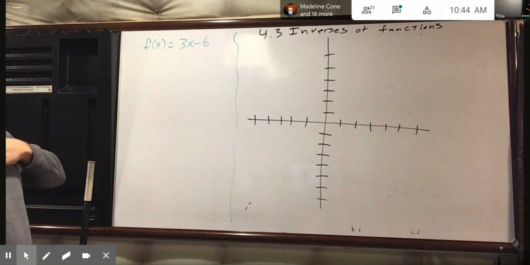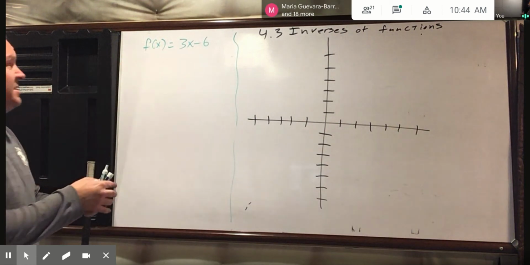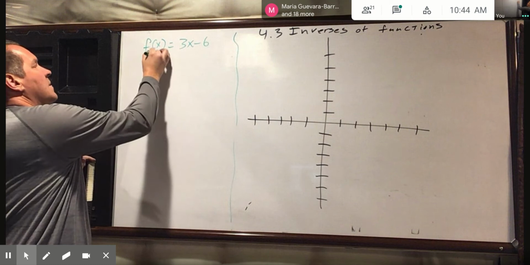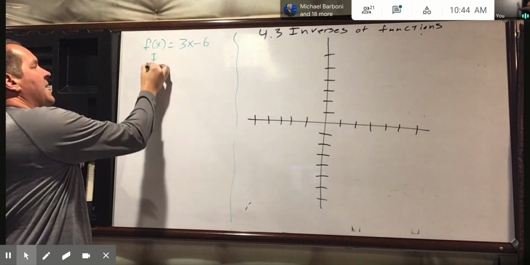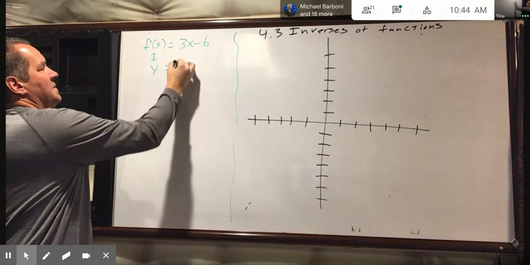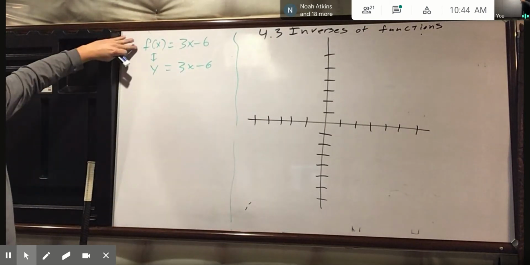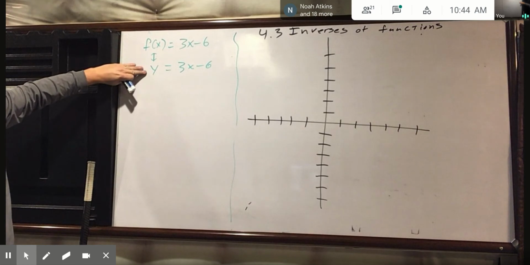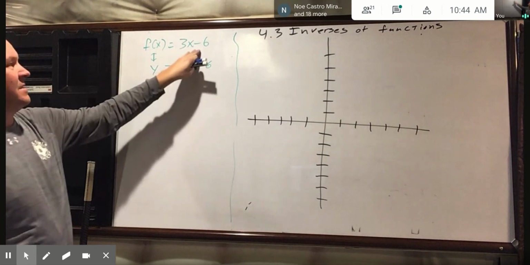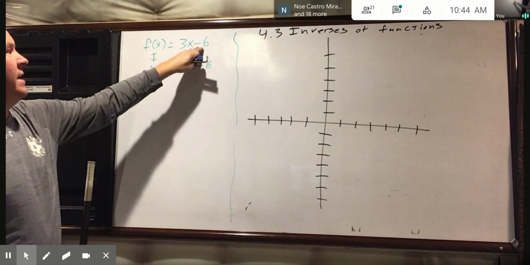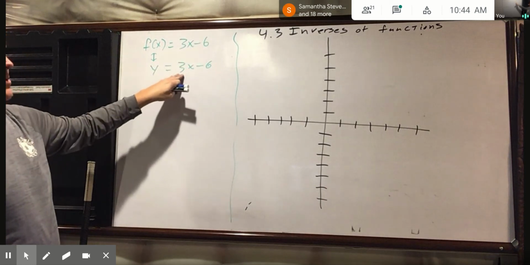The same problem written as an equation is simply changing the f of x to a y. These two things mean the exact same thing. This is the function, this is the equation. They both graph a line in slope-intercept form, where our y-intercept is -6 and our slope is 3.